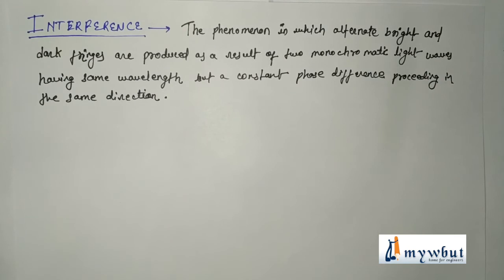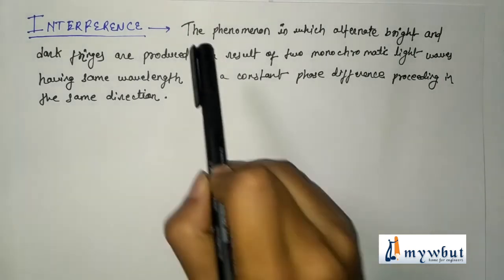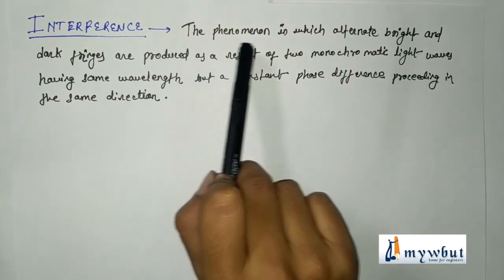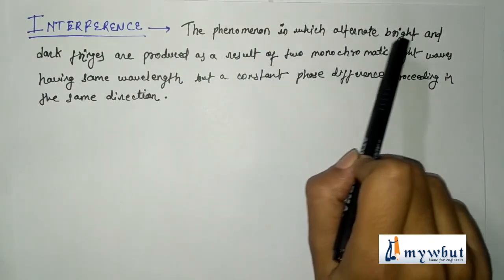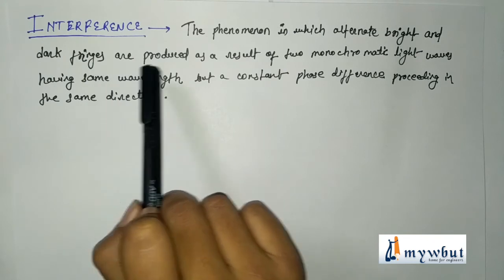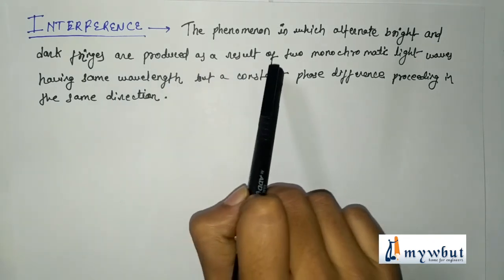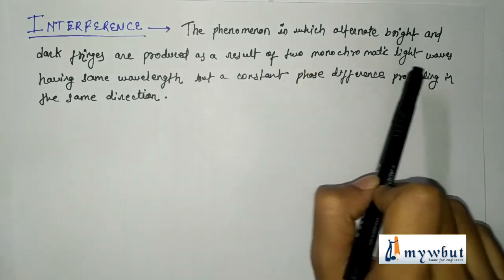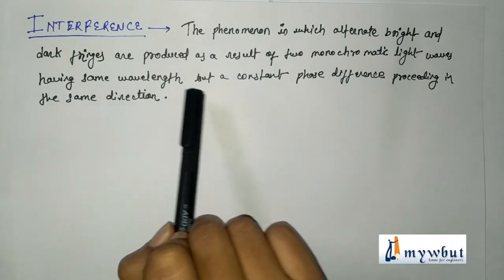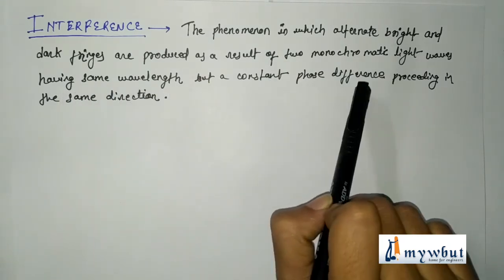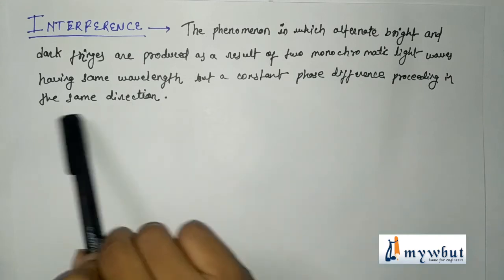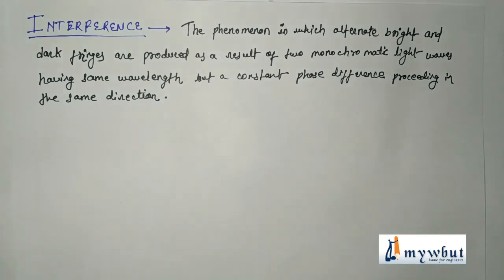So friends, this is the definition for the process of interference. Let me read it out for you. The phenomenon in which alternate bright and dark fringes are produced as a result of two monochromatic light waves having the same wavelength but a constant phase difference proceeding in the same direction. So you see the phenomenon somewhat looks like this.